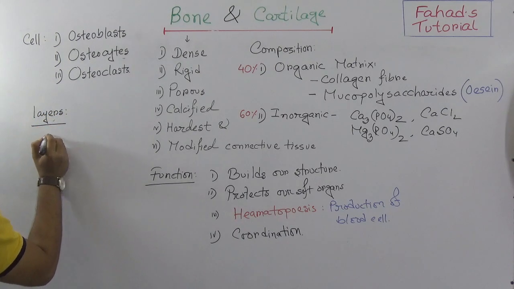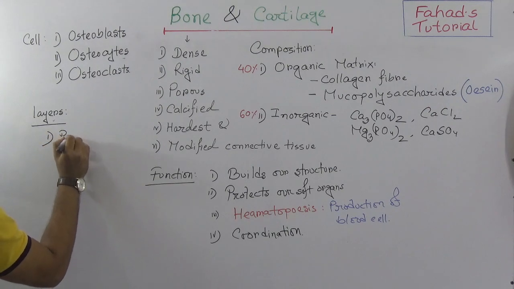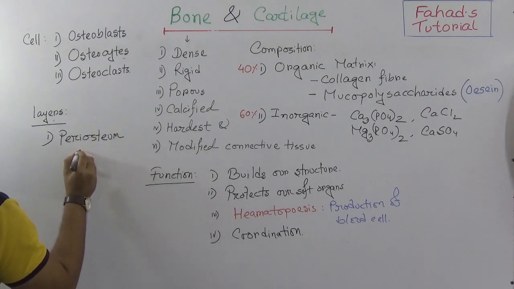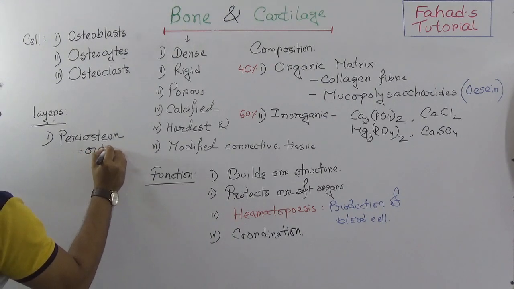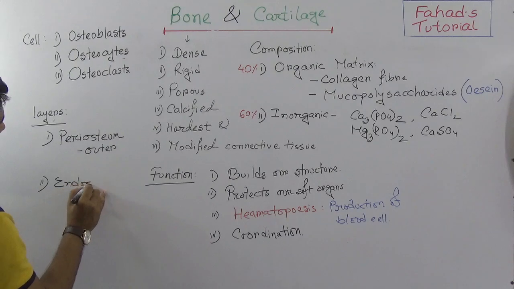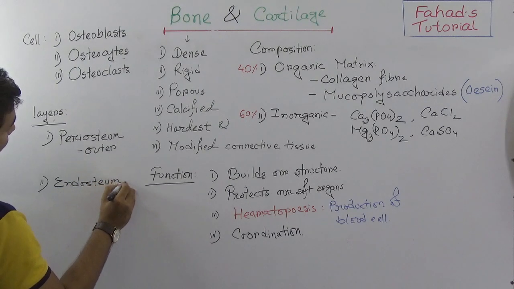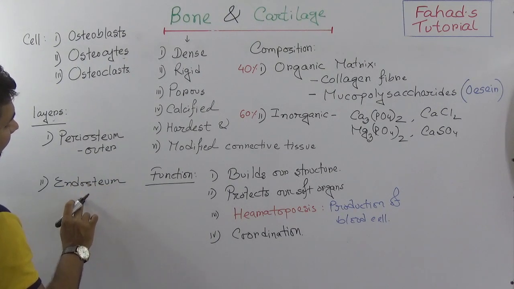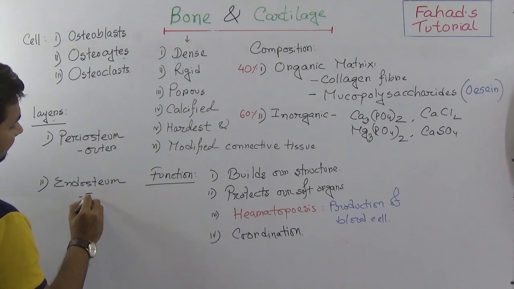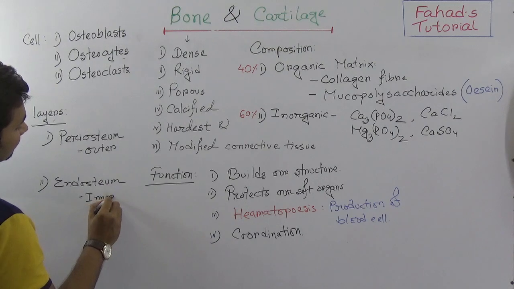Simply we can say that periosteum is the outer layer, and number two, endosteum, is the inner or medullary layer. You can say that, inner layer, very shortly and simply.